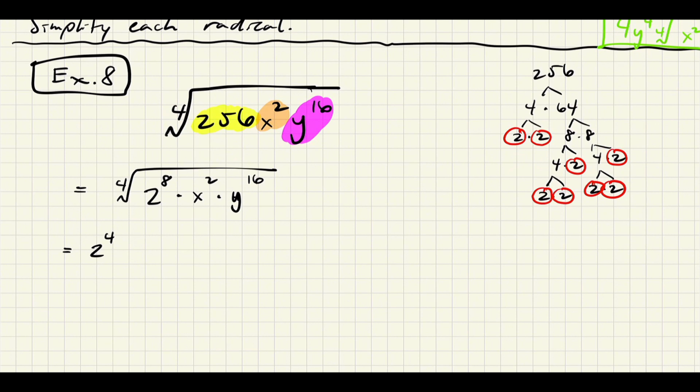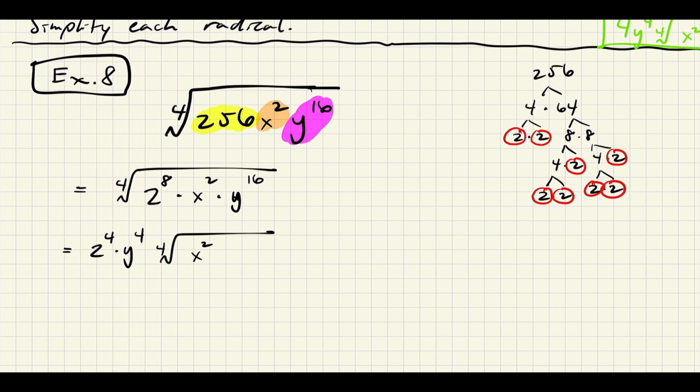Y's. How many groups of 4 y's am I going to have? 4. So do I have any 2's left over inside? No. Do I have any x's? Yeah, x squared, right?